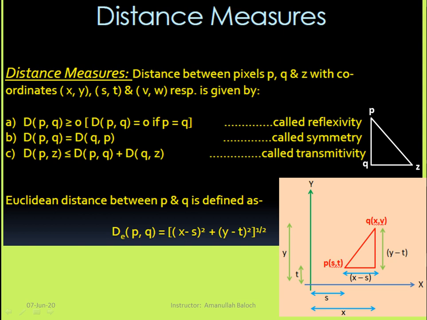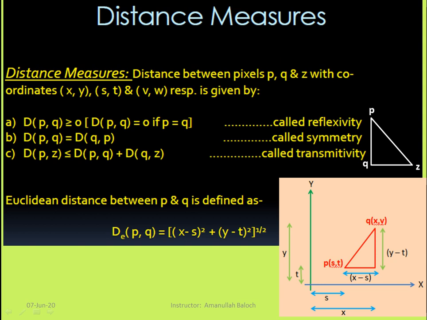The distance between P and Z is less than or equal to the distance between P and Q plus the distance between Q and Z. Now see, this is P and Q, and this is Z. We are talking about the distance between P and Z. This distance will be less than the sum of the distance between P and Q and the distance between Q and Z. The distance between these two pixels will be less than the sum of the distances between these pairs of pixels.